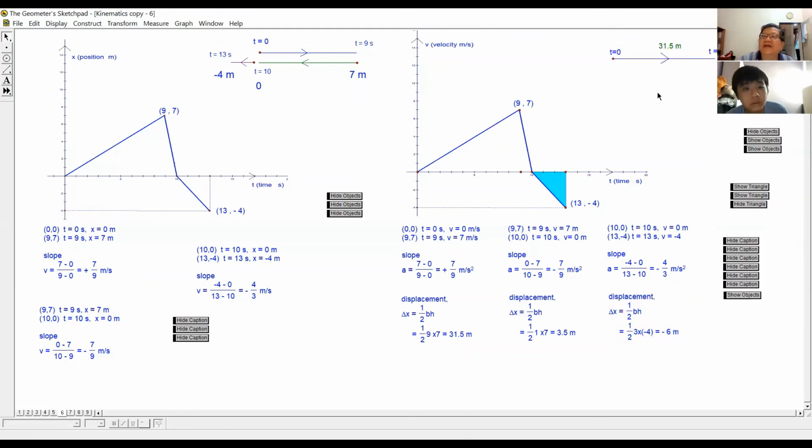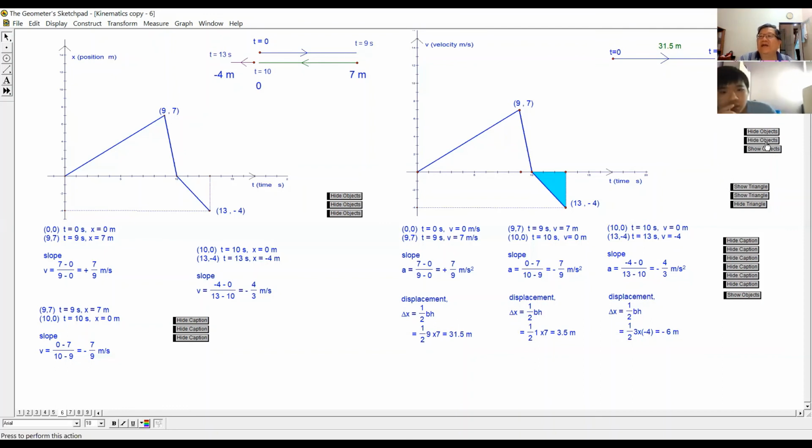It means like this. From the first second to the 9th second, the difference in displacement is 31.5 meters. Although I don't know where is the starting point and where is the ending point, I know the difference between these 2 points is 31.5.